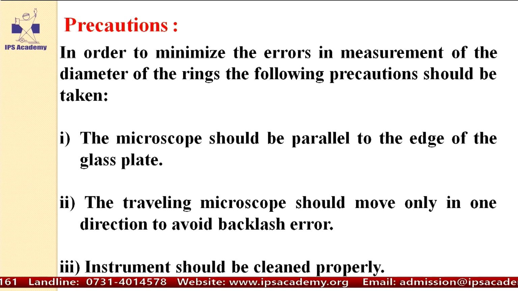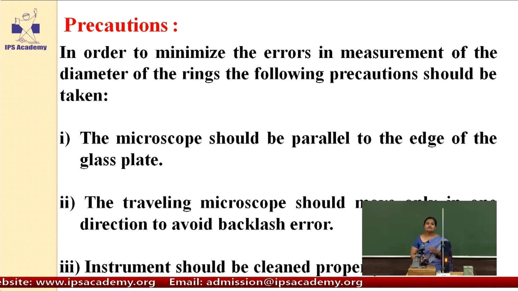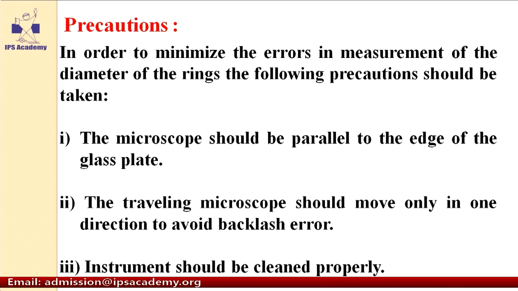In order to minimize the error in the measurement of the diameter of the rings, the following precautions should be taken. The first important precaution: the instrument should be cleaned properly so that you can easily observe the rings. Second, the microscope should be parallel to the edge of the glass plate. It should not be adjusted to the left or right hand side of the glass plate.